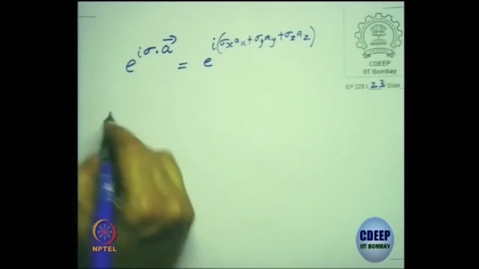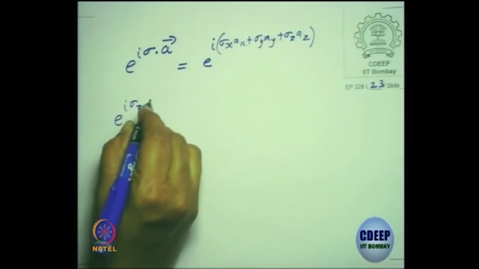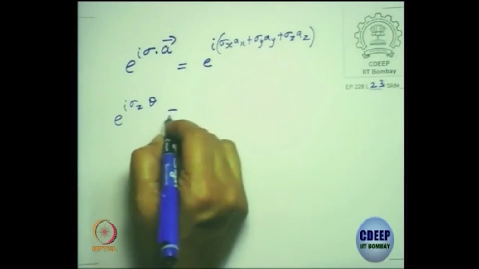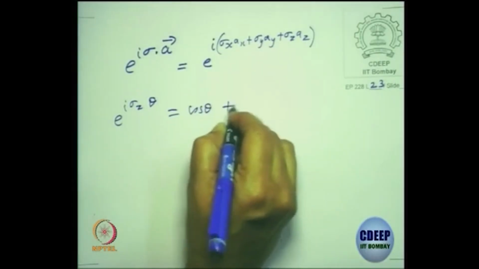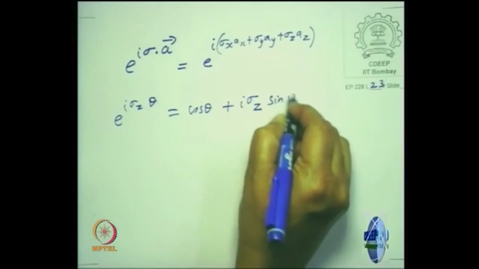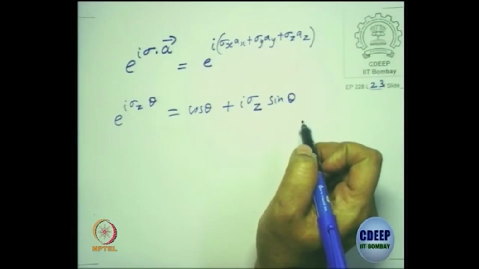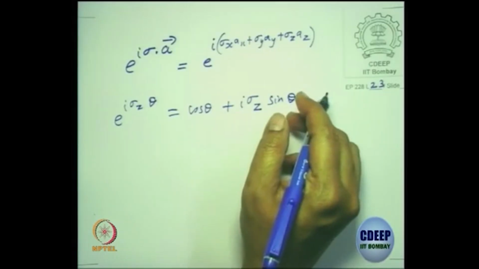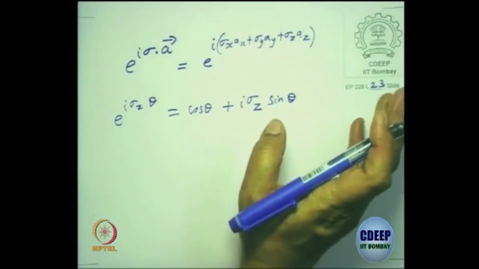We did this: e to the power of I sigma z times some theta. What did we get here? Cos theta plus I sigma z sin theta. You can argue that theta is the magnitude which is oriented along the z direction to start with. And what do you expect from there?